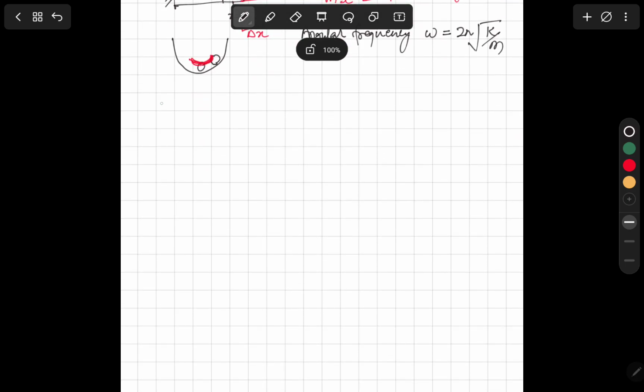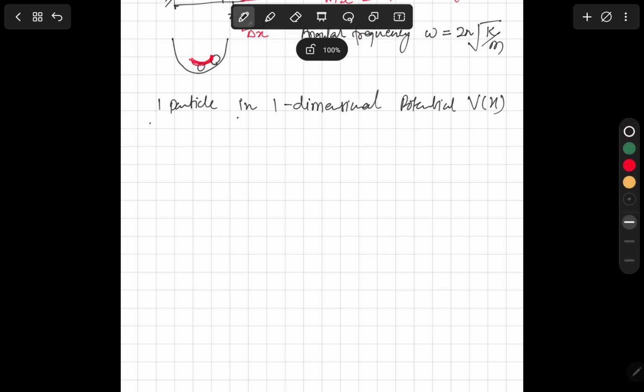So let's say we start from one particle in a one dimensional potential. Potential is, let's say, V of x, and suppose x equal to x naught.